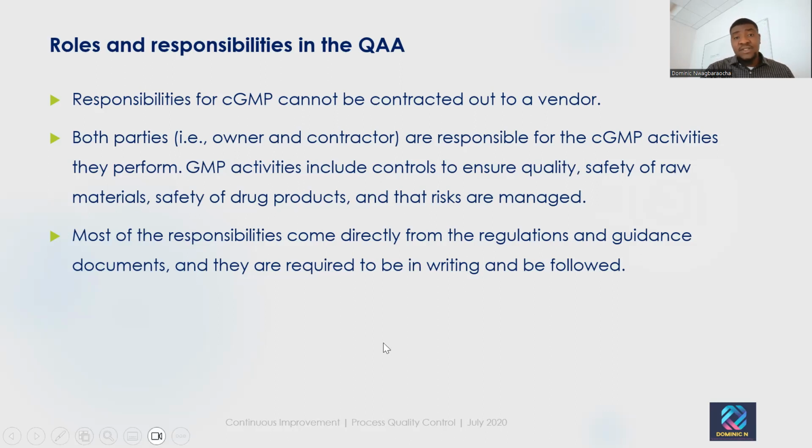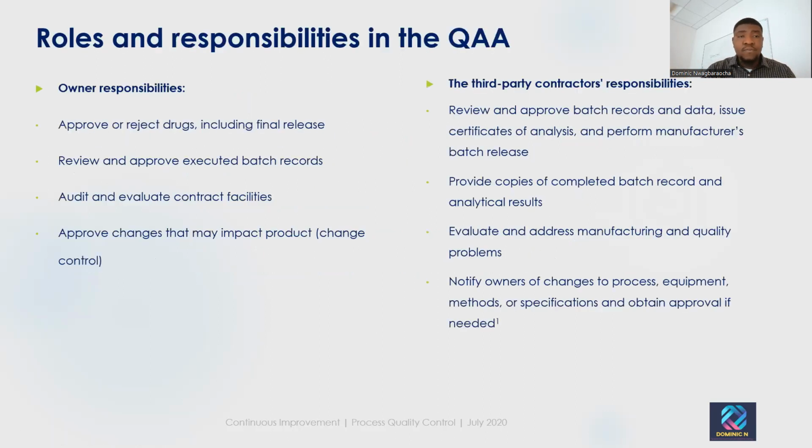Most of the responsibilities come directly from regulations and guidance documents, and they are required to be written and followed. So we're still talking about documentation, how things should be properly documented before we go further. Here, I've shown what the different responsibilities could be from the owner side and also from the third party side.